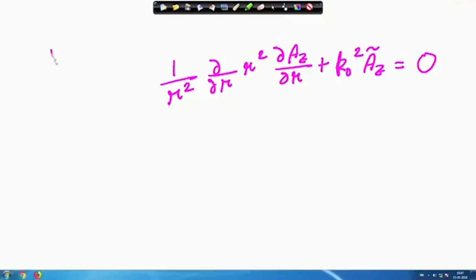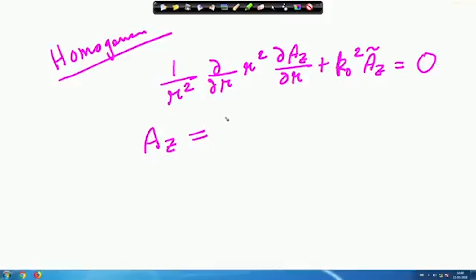So, first we will do the homogeneous part of the solution. This you know from your knowledge of differential equation solution. Now, as you know, in a second order differential equation we first find the solution.